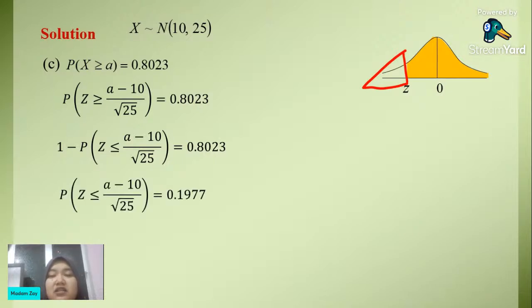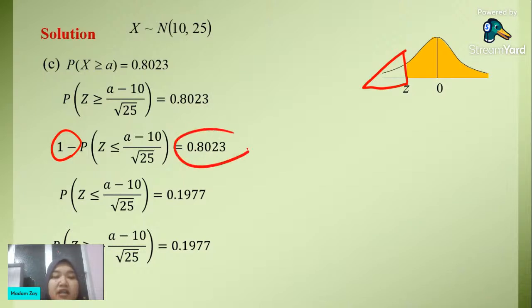This Z less than or equal to (A minus 10) over square root of 25 is actually equal to Z more than negative of (A minus 10) over square root of 25. Okay, so we rearrange this part. So we get 1 minus 0.8023 is equal to probability of Z less than or equal to (A minus 10) over square root of 25.